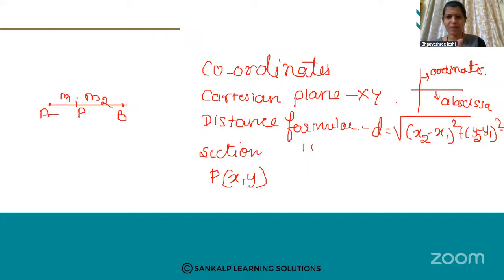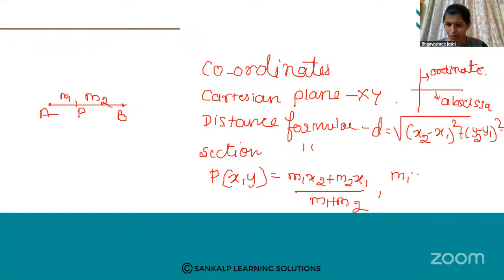Section andre divide ಮಾಡೋದು. That is section formula. P of x, y is equal to M1 into X2 plus M2 into X1 divided by M1 plus M2, and M1 into Y2 plus M2 into Y1 divided by M1 plus M2. This is our section formula.